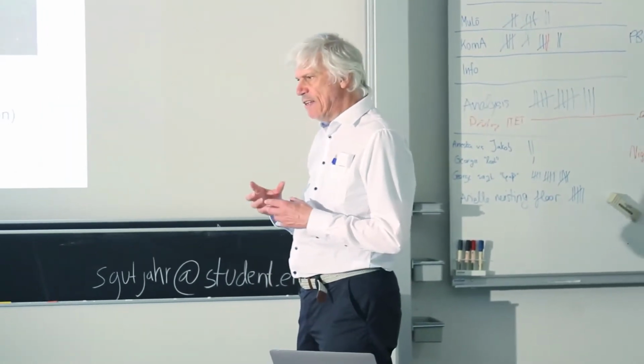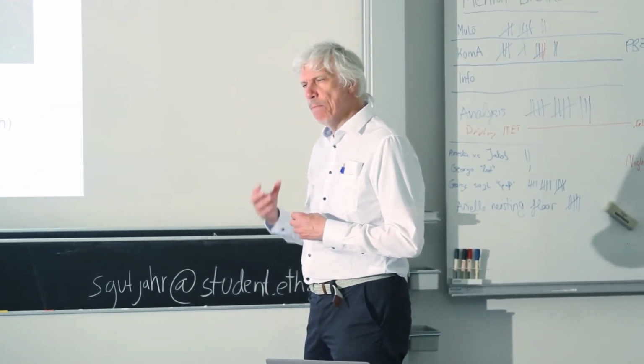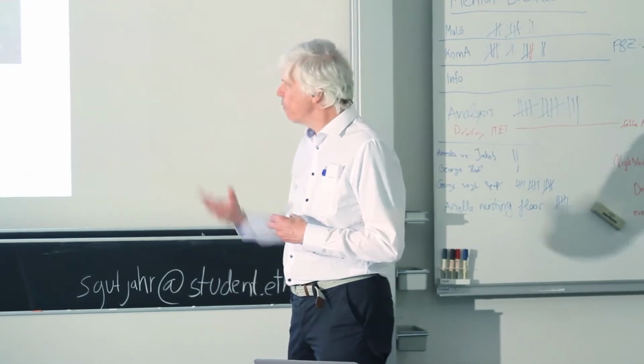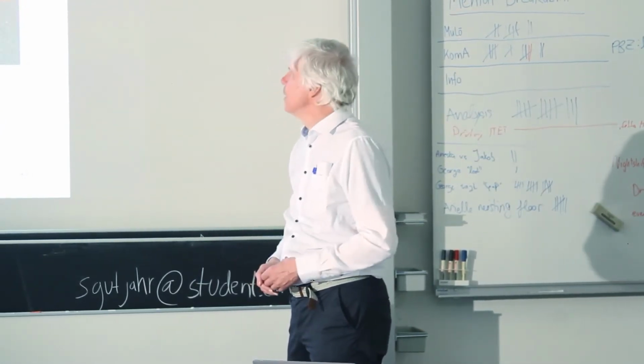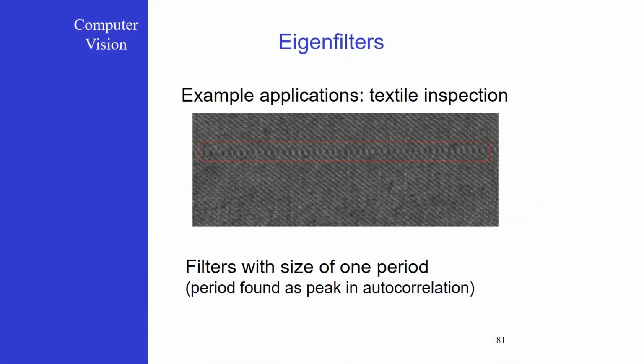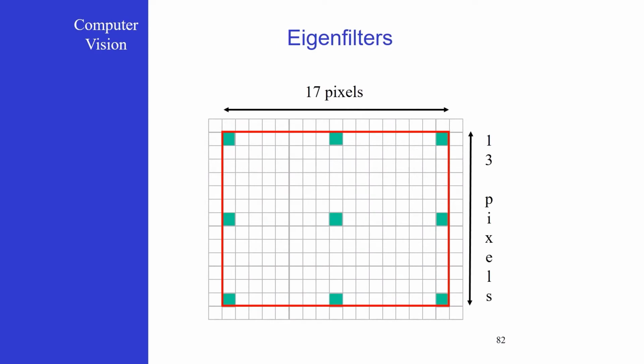And notice that these eigenfilters are indeed best for these kinds of periodic problems where you have very typical patterns, the deviations from which you want to measure. Now, the problem is if you want to specify what is typical, how a typical period of a pattern like this looks like, these periods are pretty big.